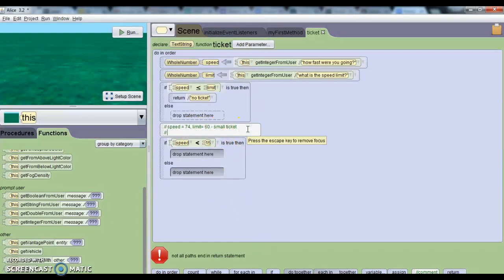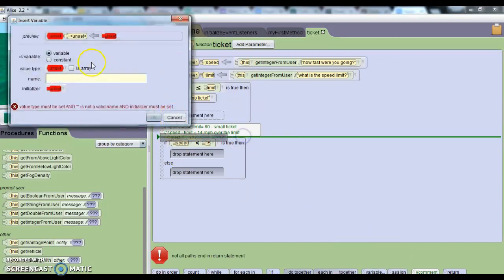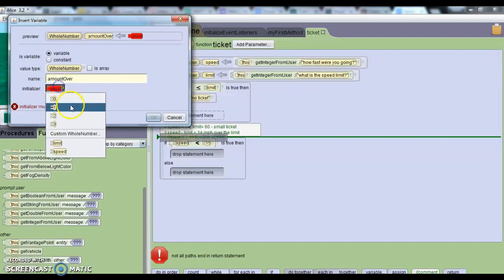If you subtract your speed minus your limit, you would get how many miles per hour you're going over the limit. So you can make a variable, which is amount over.